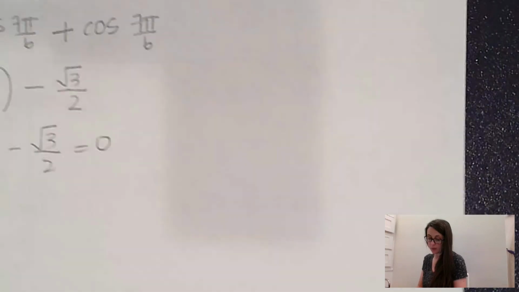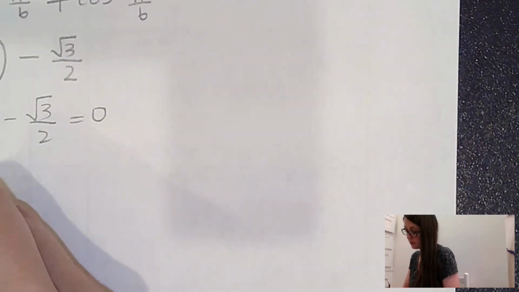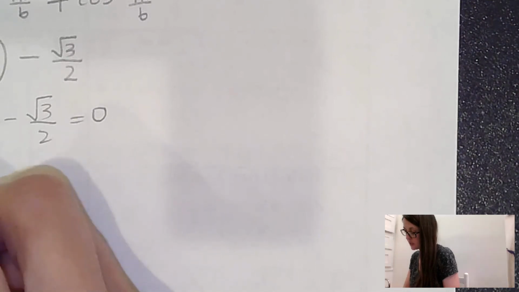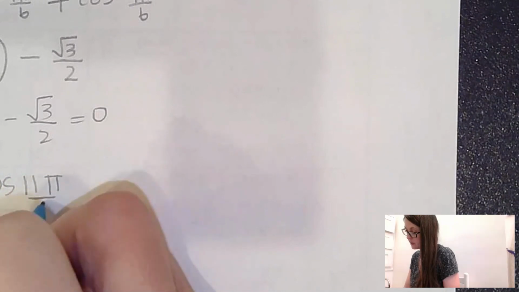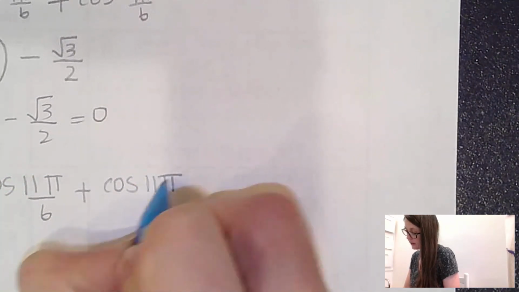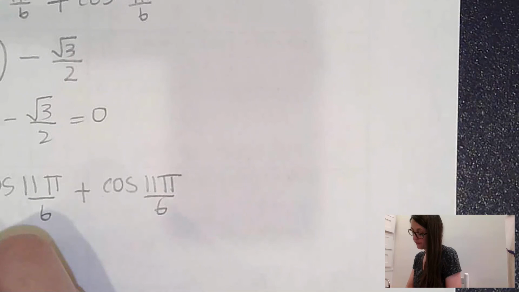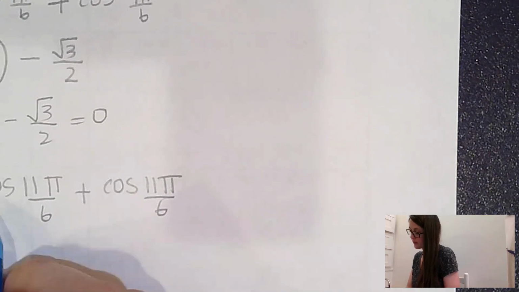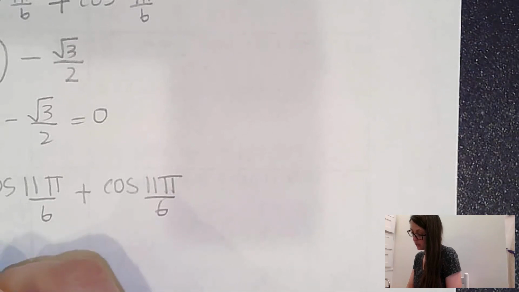And now what about 11 pi over 6? We'll have 2 times sine of 11 pi over 6, cosine of 11 pi over 6, plus cosine of 11 pi over 6. Sine of 11 pi over 6 is negative 1/2, and cosine of 11 pi over 6 is square root of 3 over 2.